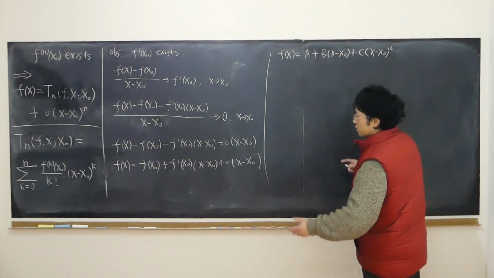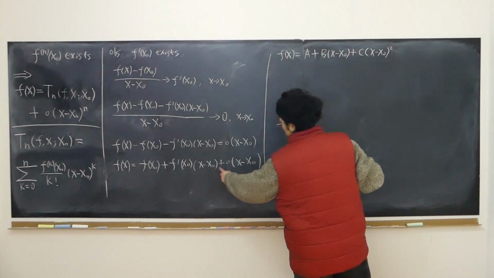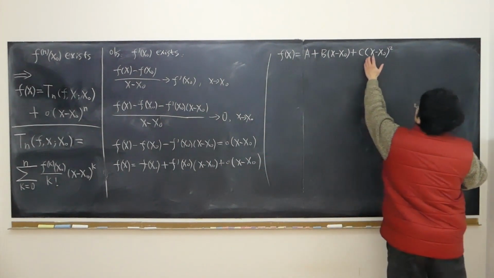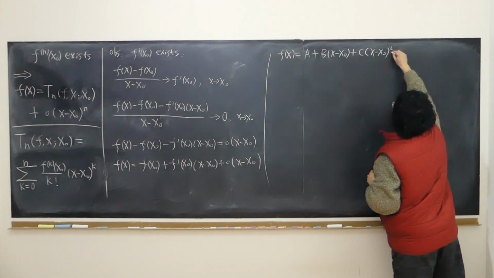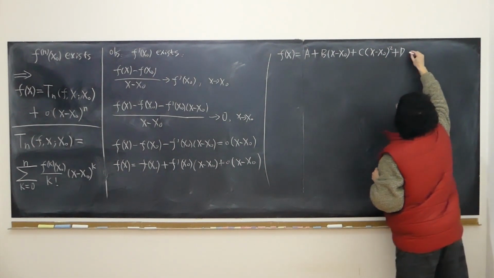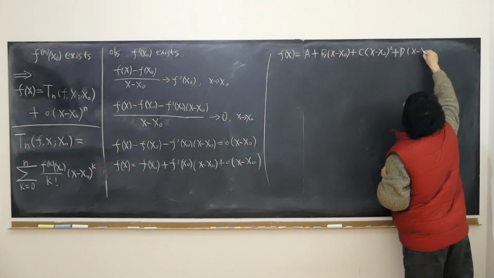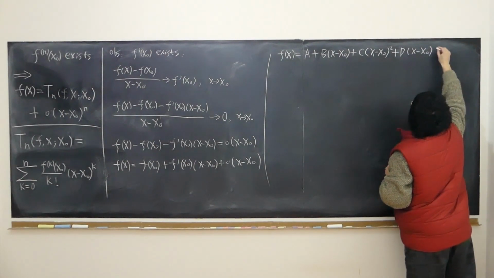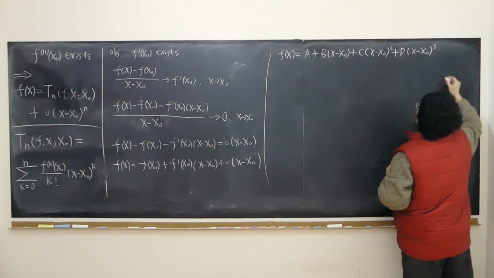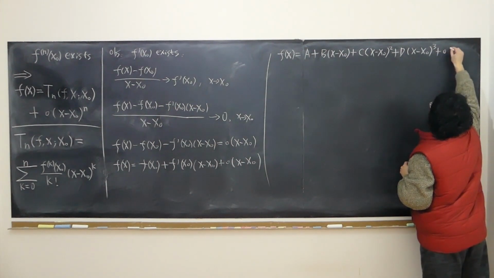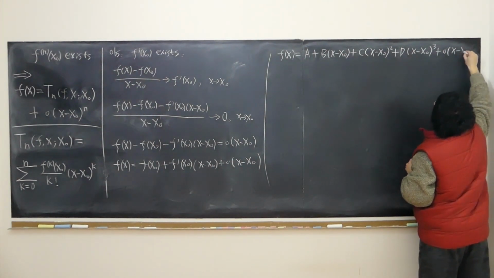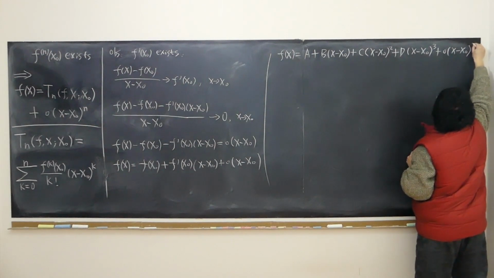That's our pattern, x minus x naught to the power of 1, then to the power 2, plus some other constant d times x minus x naught to the power of 3, plus little omicron of x minus x naught to the power of 3.